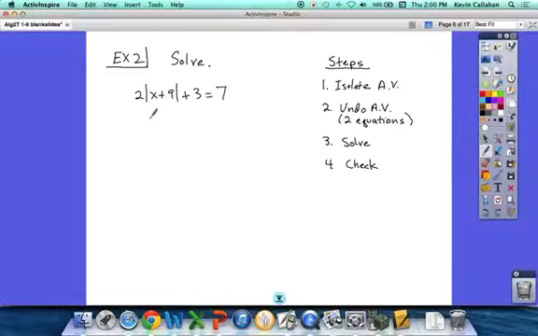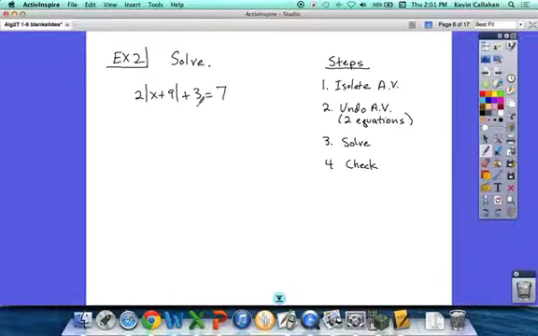So the first step is isolate the absolute value, meaning get rid of the things that are with it. What's with the absolute value on the left-hand side that you've got to deal with? The 2 and the 3. So you've got to get rid of the 2 and get rid of the 3. How are you going to do that?